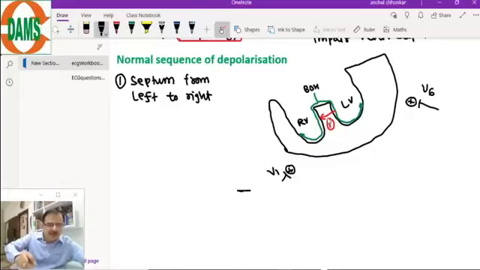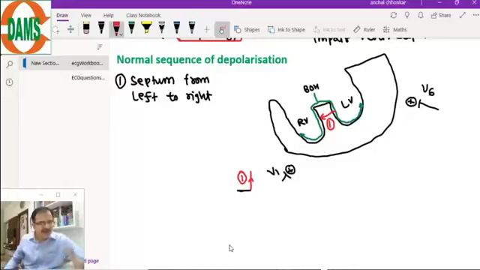Needle will deflect positively because the current is going towards V1. Why left to right? It is physiological that the septum is depolarized from the left bundle. And the septum is a very small, very thin area, so it produces an overall small amplitude of the current.